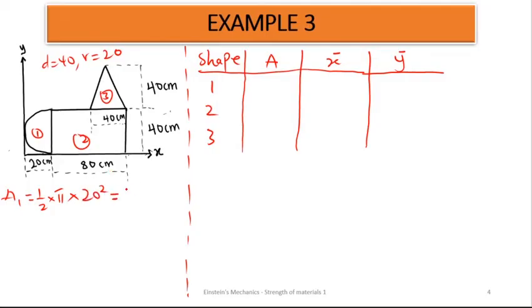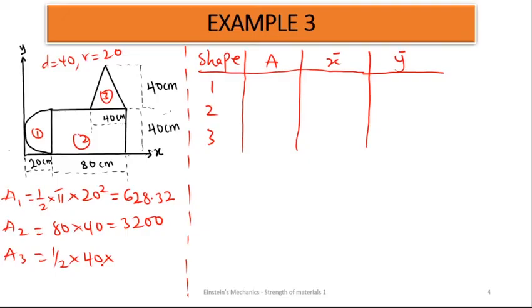628.32. Area 2, this is length times width, 80 by 40, and that is giving me 3200. And A3 is a triangle, half the base, and the base dimension is giving us 40 times the height, and it is also giving us 40, and that is going to give me 800.